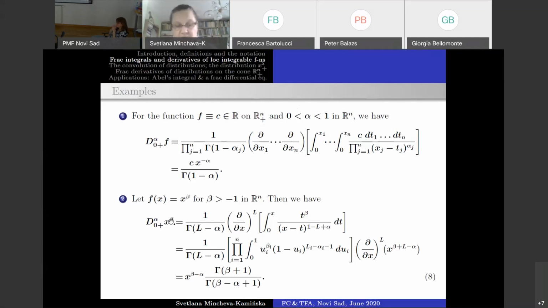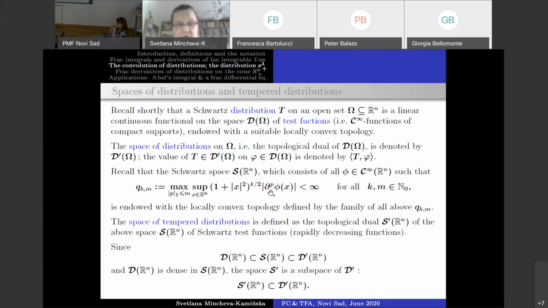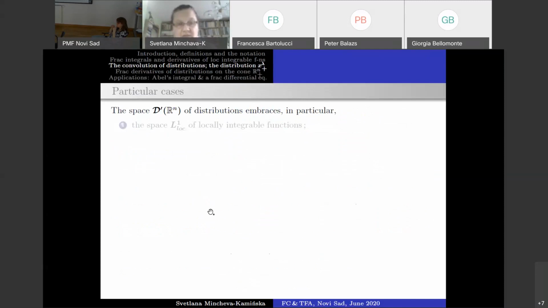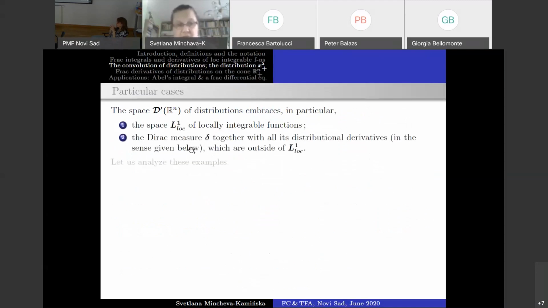where all components are non-negative. And now I will not repeat all known definitions of test functions or the respective spaces of distributions and tempered distributions. For us, it's essential that the space of locally integrable functions may be considered like distributions.